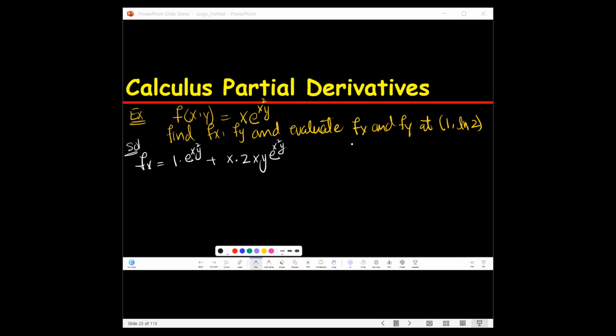Now I'm going to take the partial derivative with respect to y: I write the x as is and take the derivative of the second term, which is, it's better to write it like this, x dot x squared e to the x squared y.